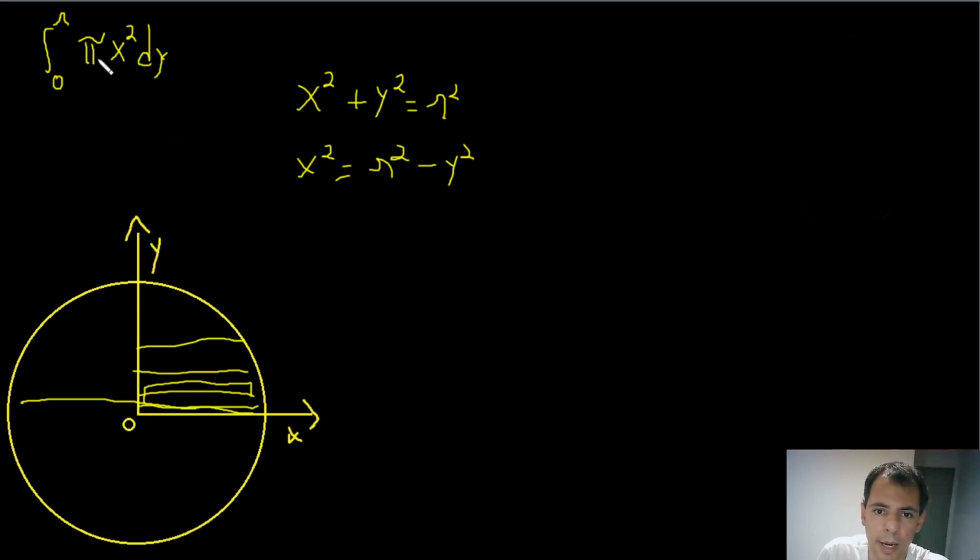So I'm going to take the pi that's multiplying everything out of the integral, because it's a constant. And now we do x squared dy. What's x squared? It's r squared minus y squared, so r squared minus y squared dy.